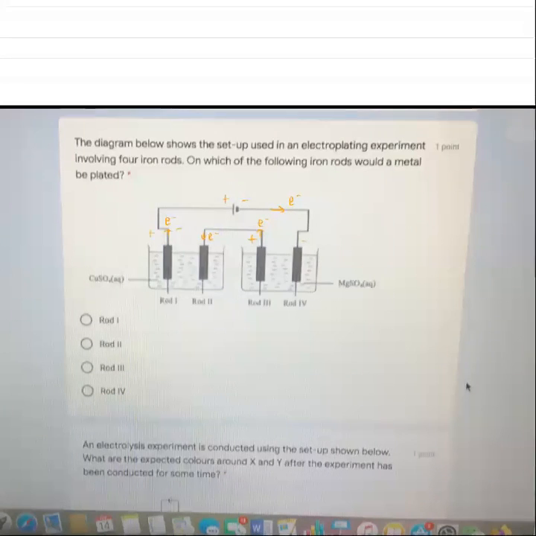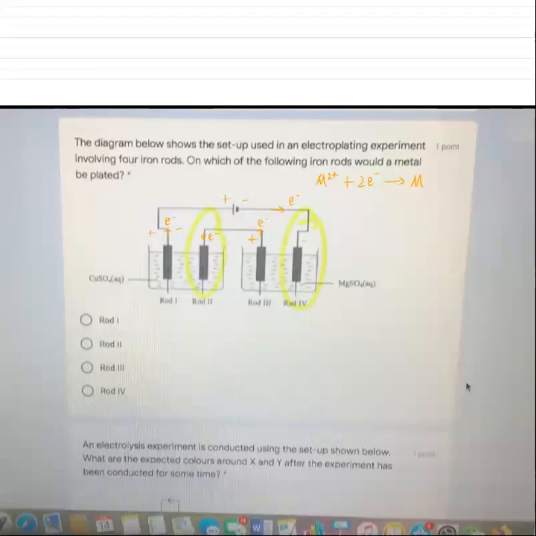If we want to plate a metal onto the rod, you should expect a reaction like this: the metal ion in the solution should gain electrons and turn into metal, the metal which is going to be plated onto the rod. Since it's gaining of electrons, there are only two possibilities. It can only happen on rod 2 or rod 4.